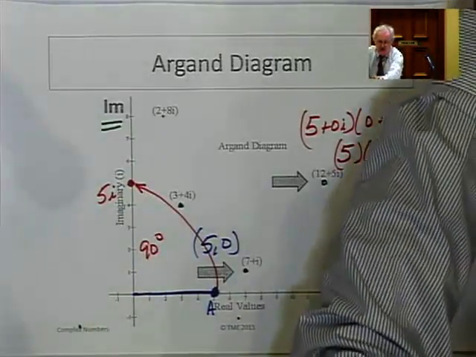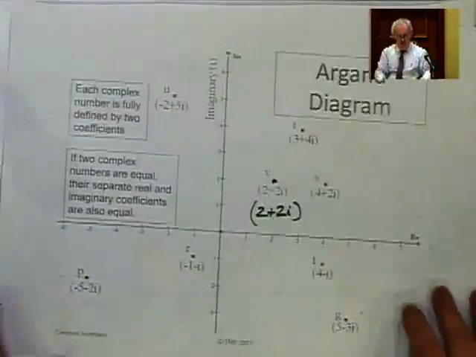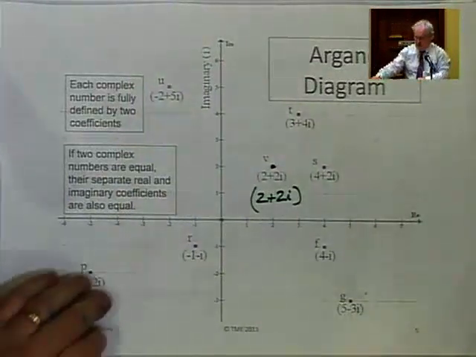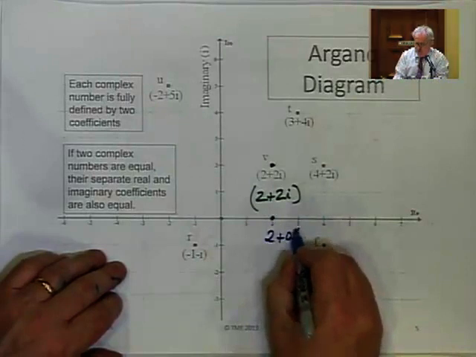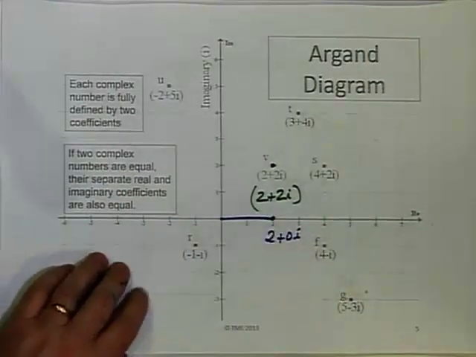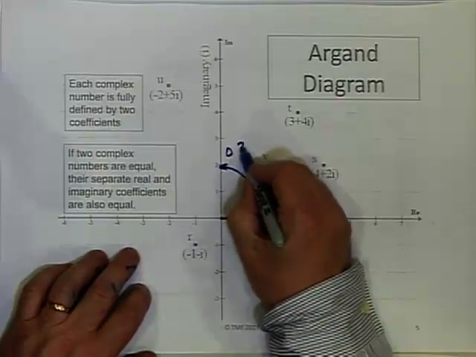Let me look for that other diagram if I can find it. I think it's here. So if I took, say, 2 plus 0i, and I rotated it, this is the point 0, 2i.